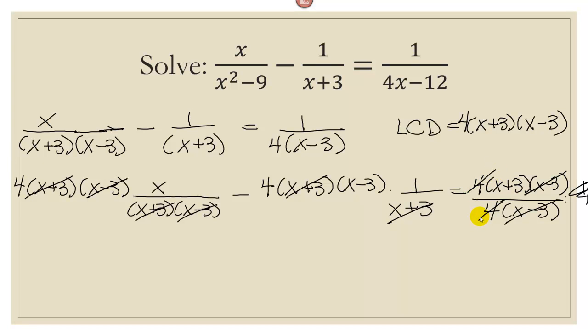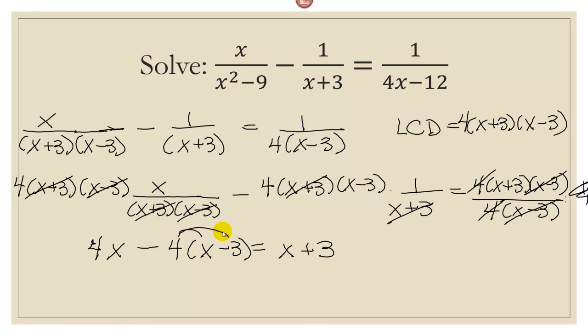All right, let's distribute what we have. Actually, I'm just going to neaten up what I have here. Here I have a 4, and here I have an x, and the denominators went away, so I'm just left with 4x. Here I have a 4, and I have an x minus 3, and everything else canceled. On the right-hand side, I just have an x plus 3 left over. Okay, so now we can distribute and solve.